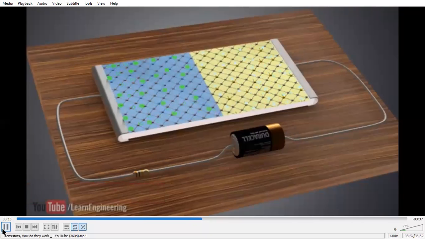Sorry, this is a P type, this is an N type. Correct. So P type, N type.